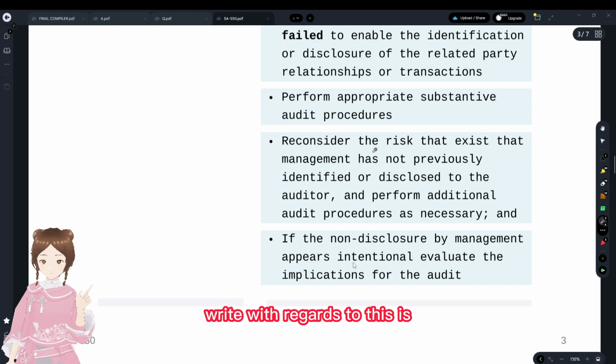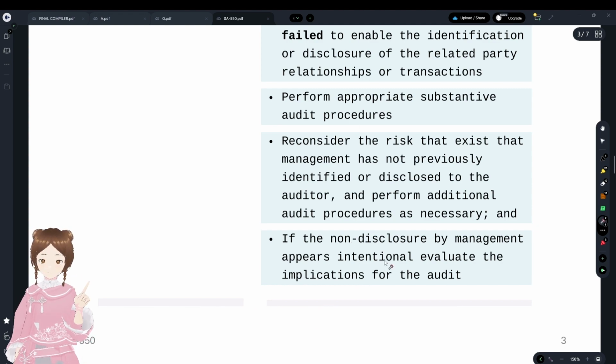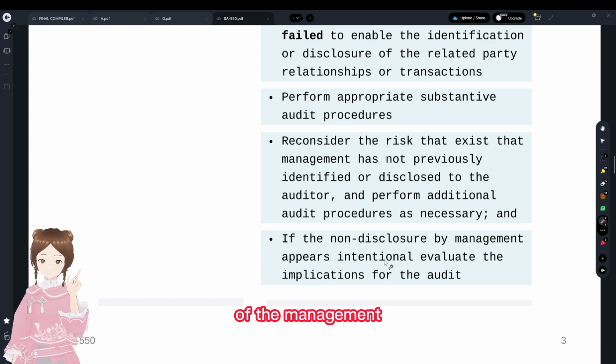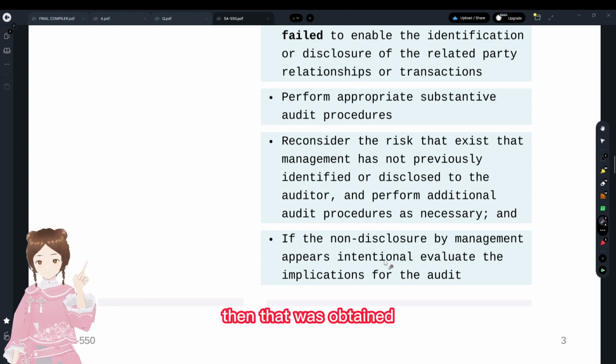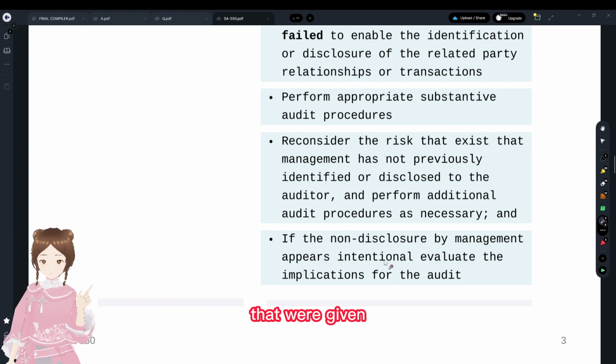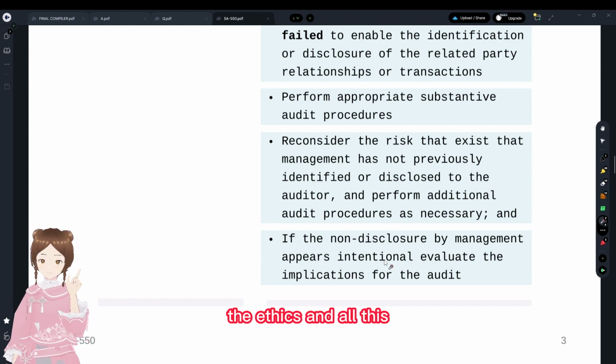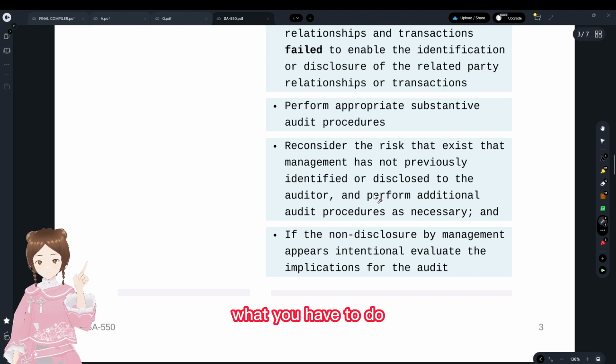What you have to write is that it would cast doubt on the reliability of management, all the audit evidence that was obtained, and the written representations given by management. You have to reevaluate the objectivity and the integrity of the management, their ethics and all. That's what you have to do.